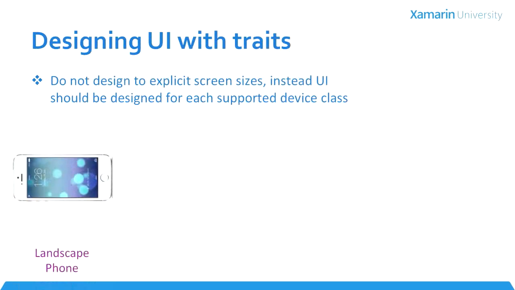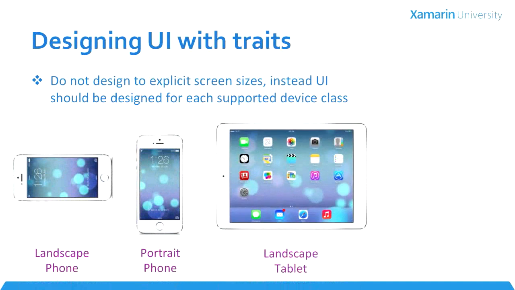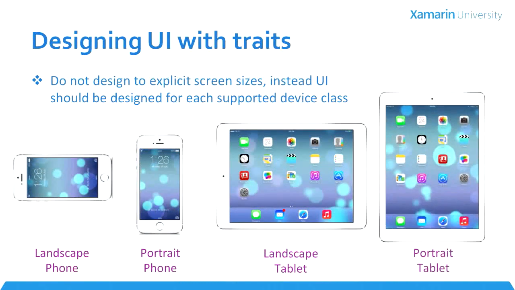For UI design, trait collections mean thinking less about the specific device you're designing for, and instead thinking about the attributes of that device. So we no longer want to design for pixel sizes. That's traditionally how iOS apps have been laid out. It's just not practical anymore as we move into all these various screen sizes. Think about the iPhone alone. We've got the iPhone 4S, 5 series, 6 and 6 Plus, all with different screen sizes and resolutions.